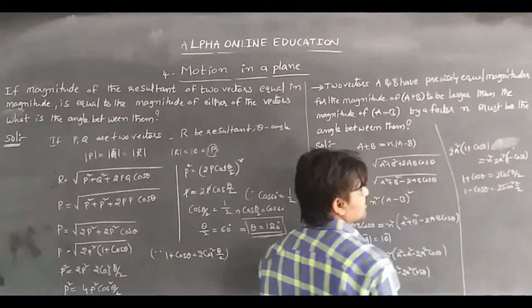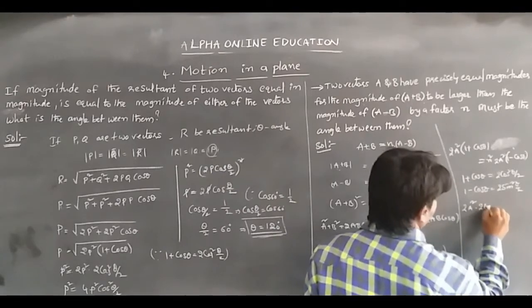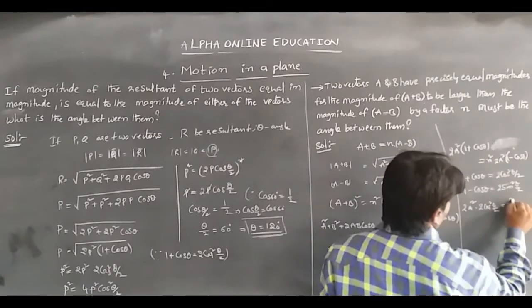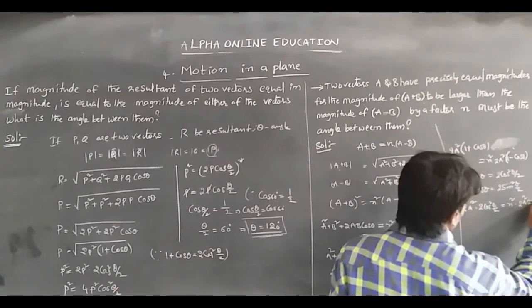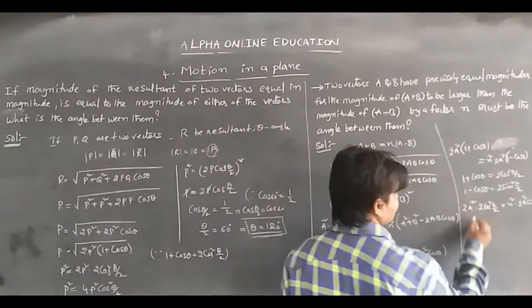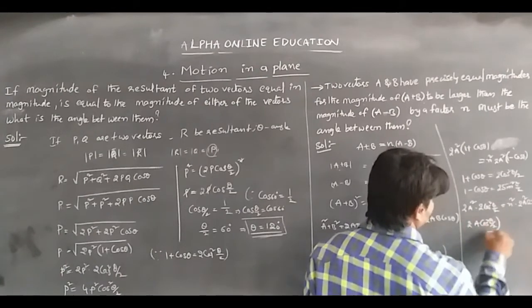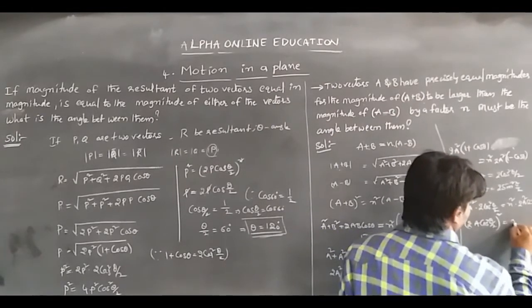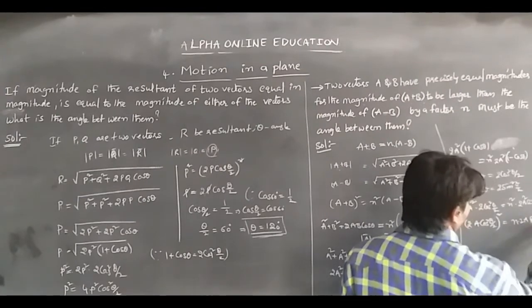We are substituting the values in the equation, then we get 2A square into 2 cos square theta by 2 is equal to n square into 2A square into 2 sin square theta by 2. From this we can write 2A cos square theta by 2 whole square is equal to n into 2A sin square theta by 2 whole square.